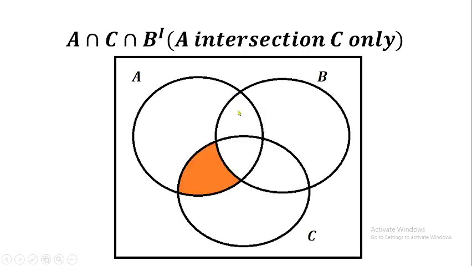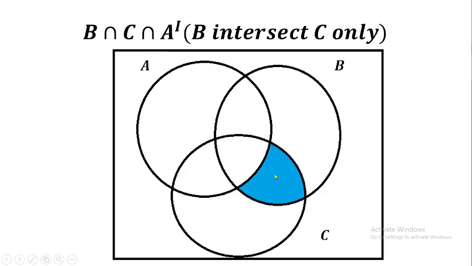Then the next one, the elements here are elements in A intersection C only, without B. Elements common to A and C only without B. Then the next one, this place also talks about elements in B and C only without A. B intersection C intersection A complement.